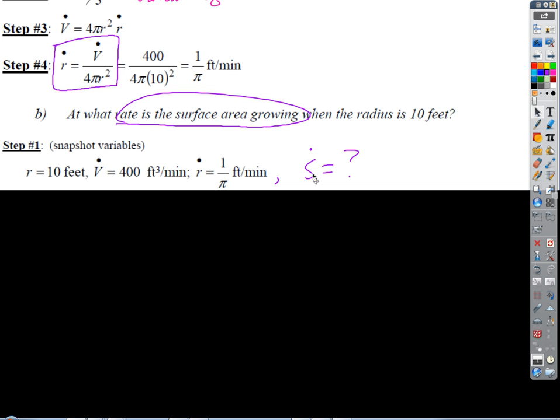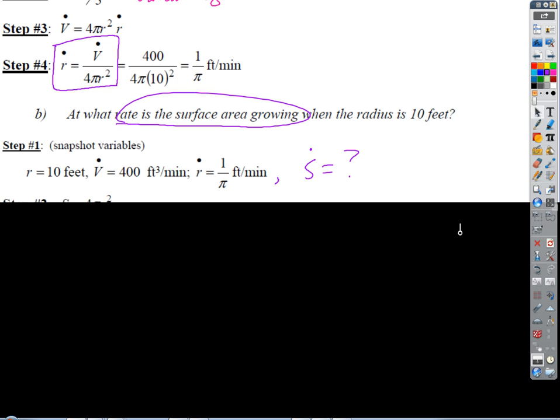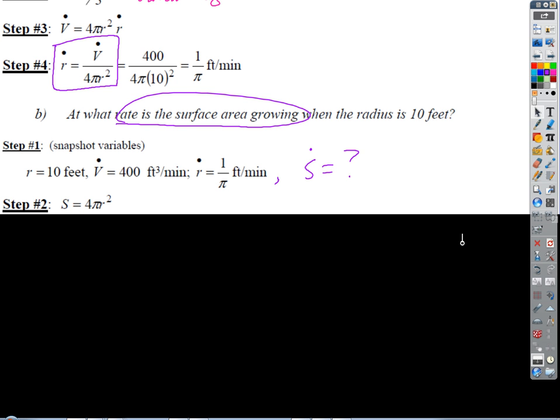So S needs to be included, looking for S dot. So we need S to be included in our parent equation. It looks like we're going to have S's and r's, and well, maybe not a V in this case, right? There really isn't a convenient equation that includes V's, but there is one that includes S's and r's, right? Surface area equals 4 pi r squared, so that's our parent equation.